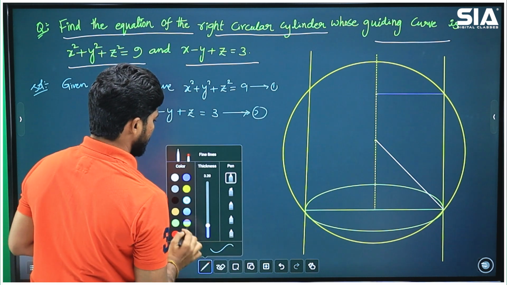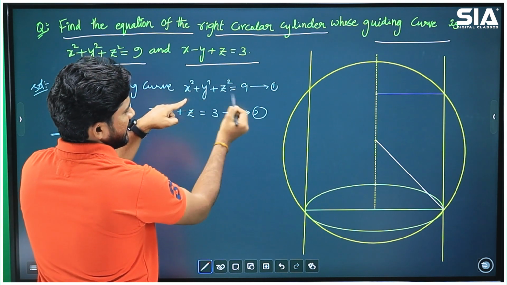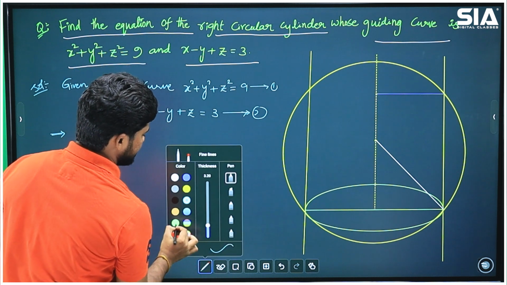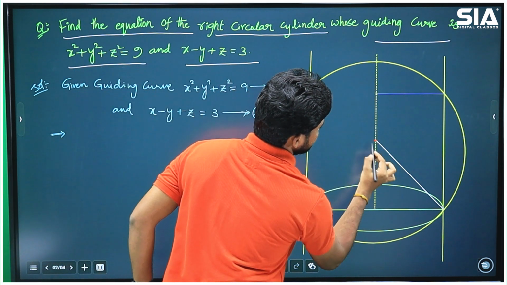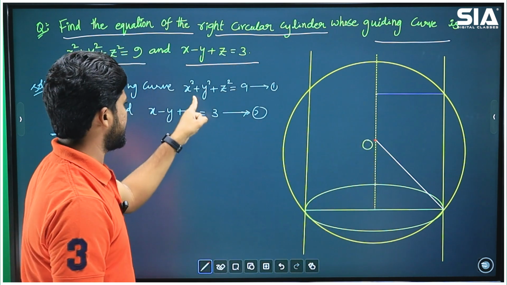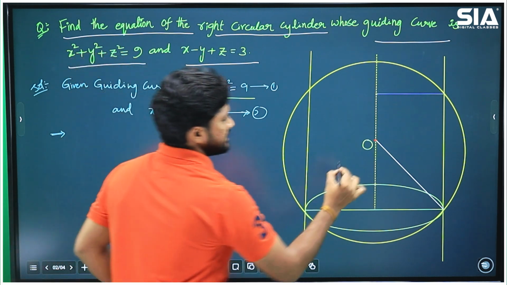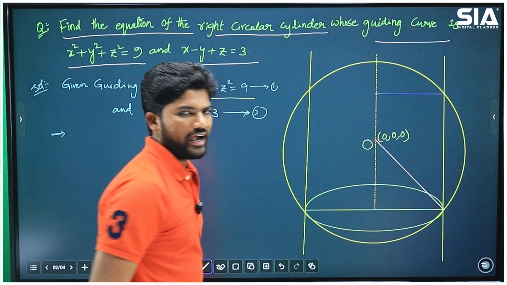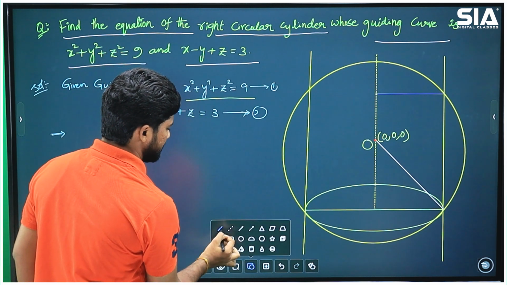Okay, so now after taking the guiding curve, observe, this is clearly a sphere equation. For this sphere equation, here I am taking the center of the sphere, this point, that is I am taking O, the origin. Why? Because for this sphere x square plus y square plus z square equal to 9, the center is always 0 0 0. And what is the radius of the sphere?